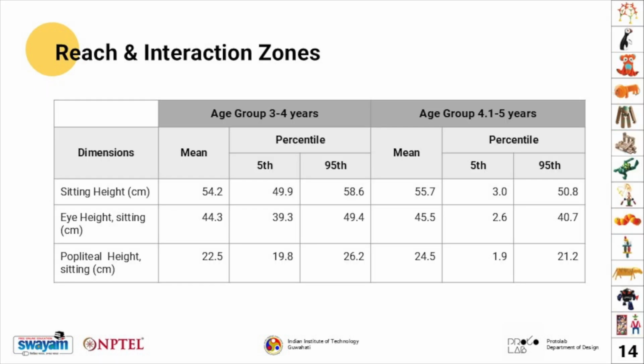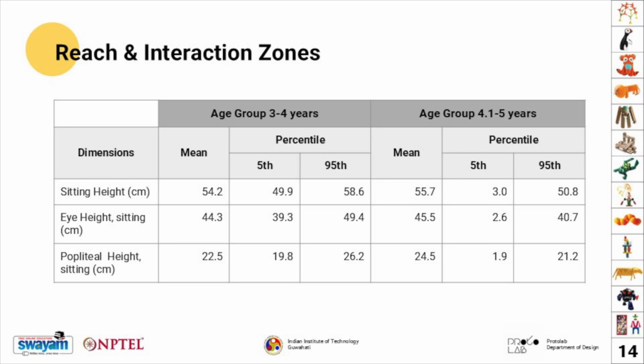Let's look at posture through actual ratios. For example, for children aged 3 to 5 years, sitting height is approximately 55% of the total stature. If average stature for 3 to 4-year-olds is about 96.7 centimeters, their sitting height would be roughly 53 centimeters.